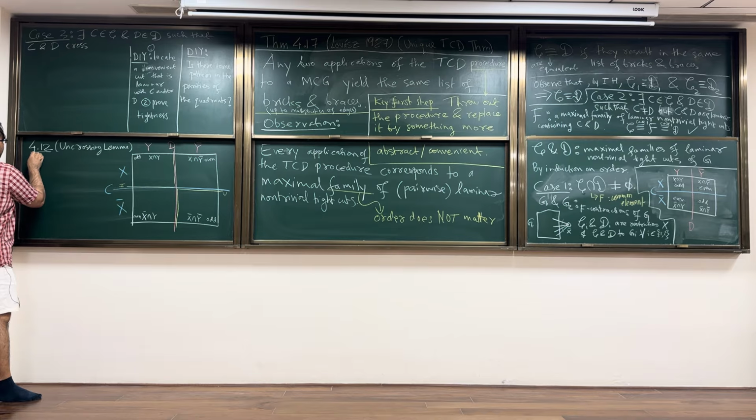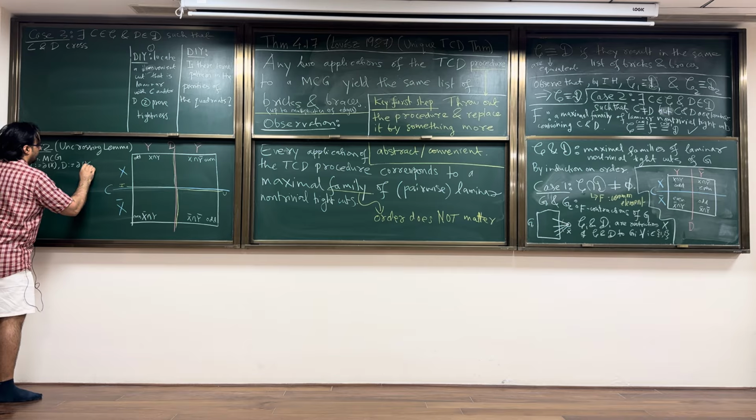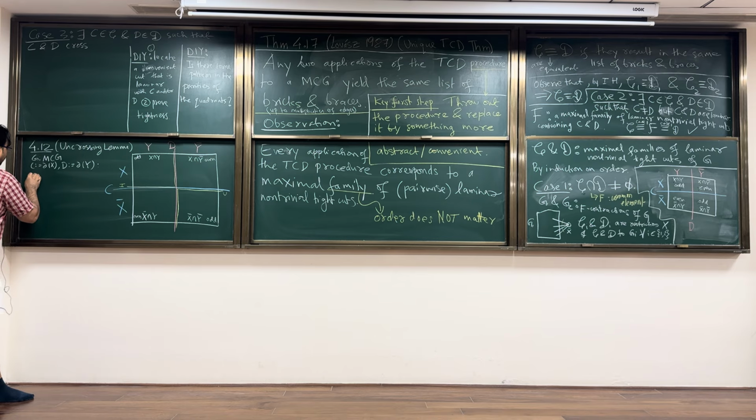So let's say G is a matching covered graph. C, boundary of X, D, boundary of Y, non-trivial tight cuts. Apparently you can drop non-trivial, but I'm not going to do that. You can think about it yourself.